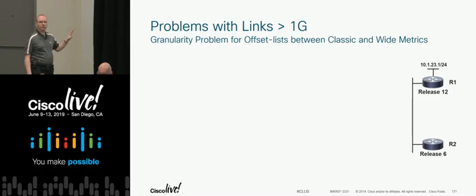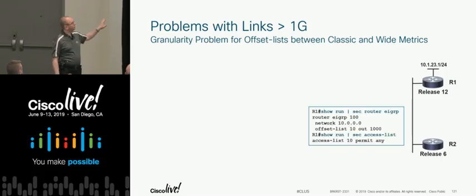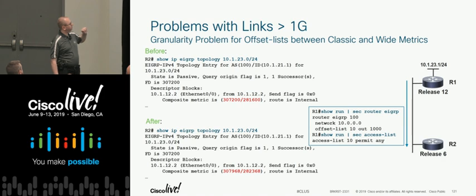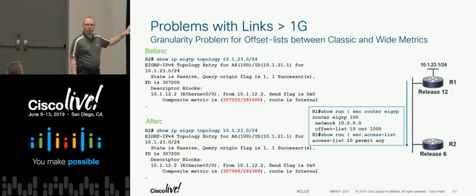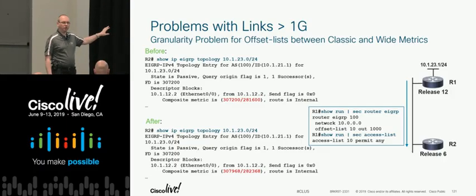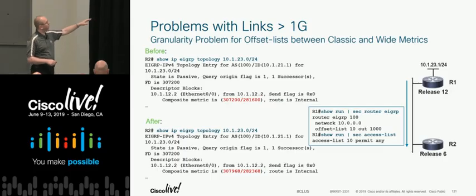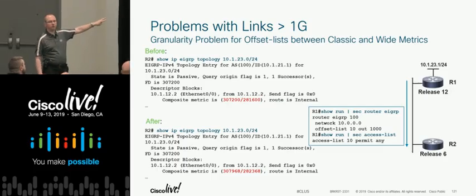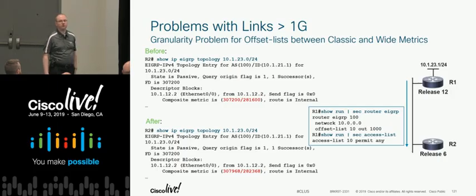Be mindful of one thing, though. And I'm just going to display all the output here. When we talk from a new neighbor to an old neighbor, we will be facing a certain change in the custom metrics, right? If both R1 and R2 have been running the old release, let's say release 6, with just the classic metrics, the composite metric for a route would have been, for example, 307200.